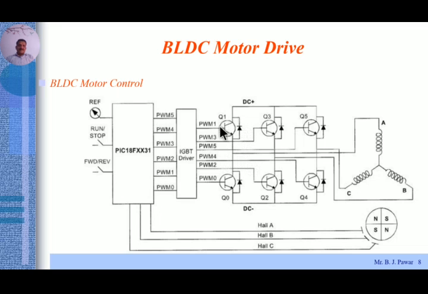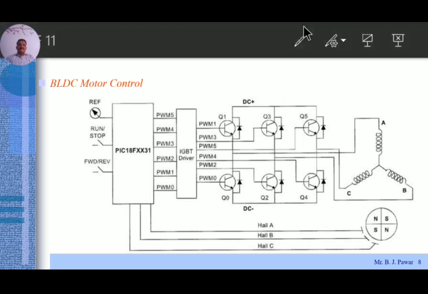Suppose that transistor Q1 turns on by generating its respective PWM, then what will happen is that plus VDC will get applied. See here in this equivalent diagram, you will observe it will get applied to phase A, and that coil A will get energized. Whenever the transistor Q1 is turned on, it connects plus VDC to phase A, like this.